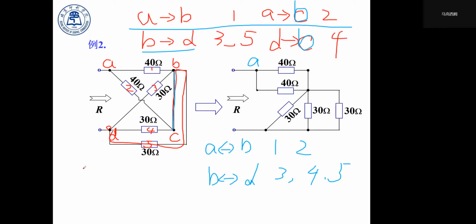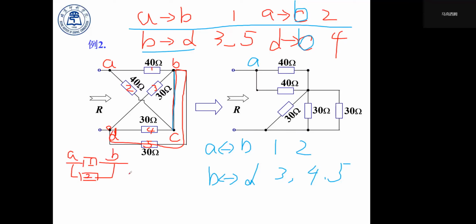So we can just connect it, point A and B, A and B with numeral n. So those two 40s are in this form.